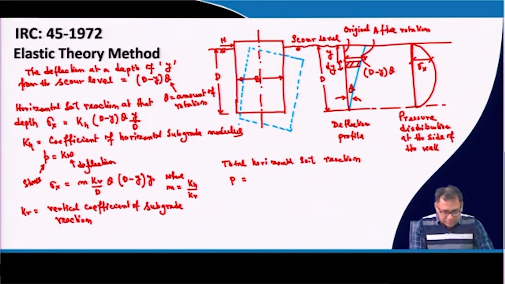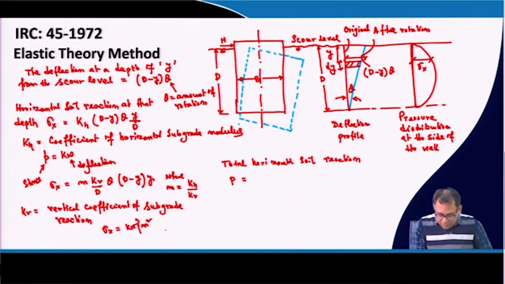So, this stress will be this sigma, because this is dimensionless. So, now sigma x is equal to kV, kilonewton per meter cube, into d, so this will be kilonewton per meter square.